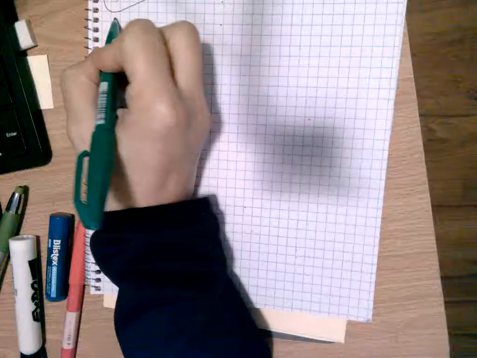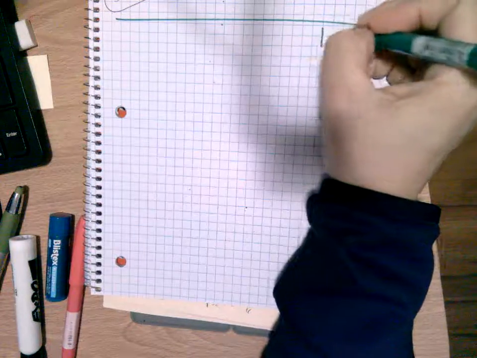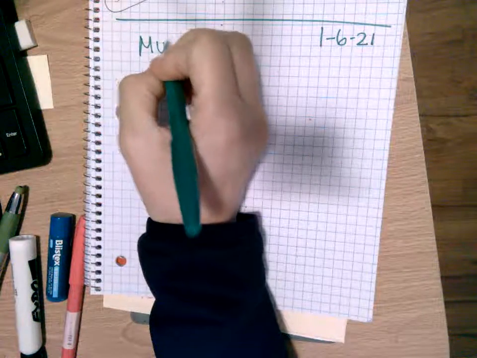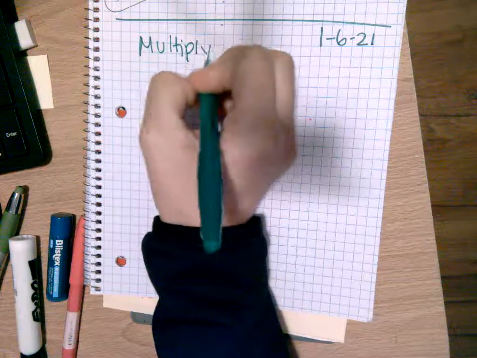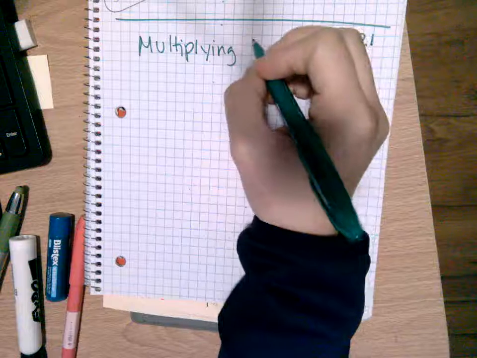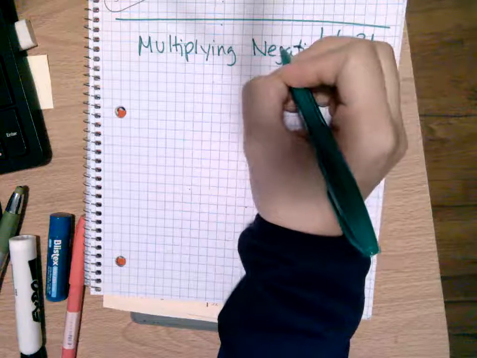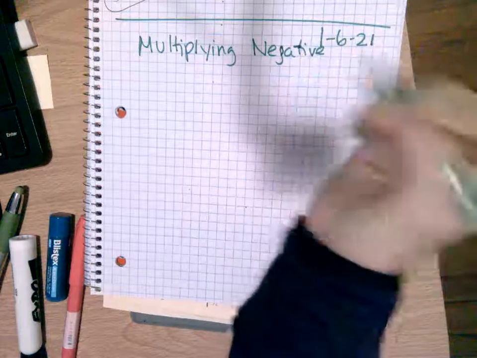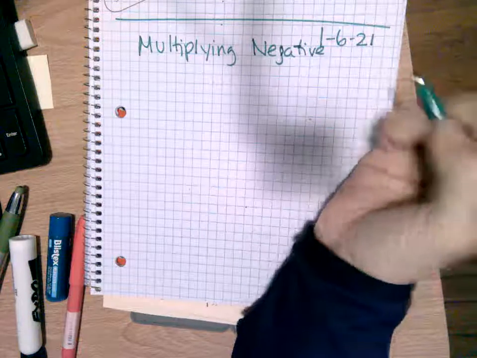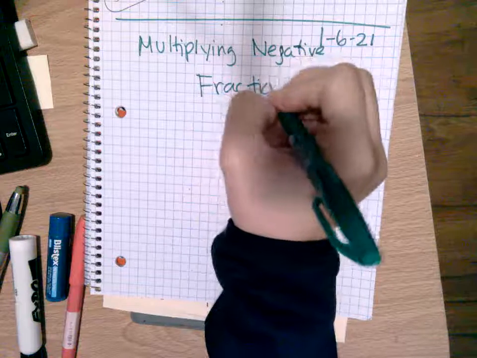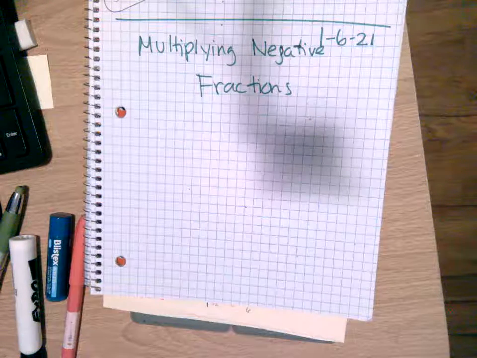So today's date is 1/6/21, and we're going to be multiplying negative fractions.